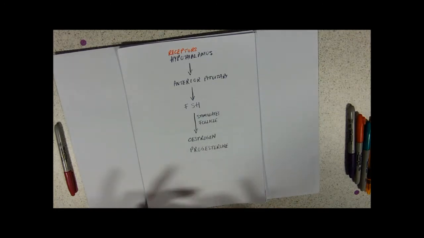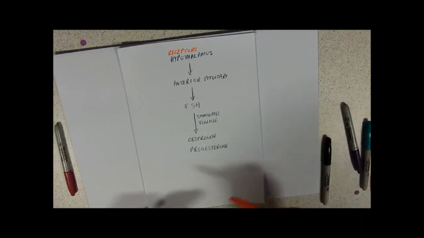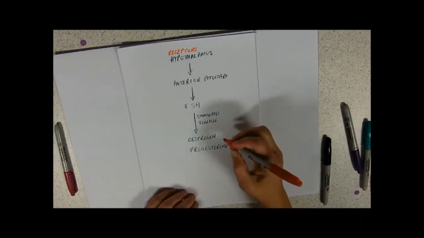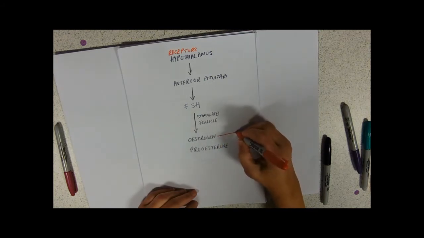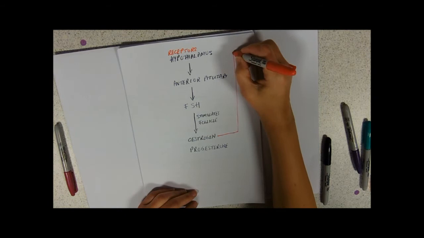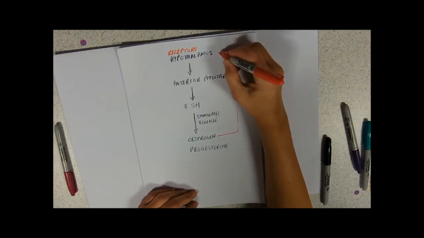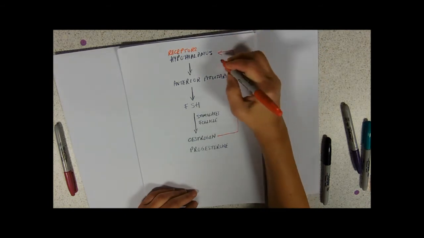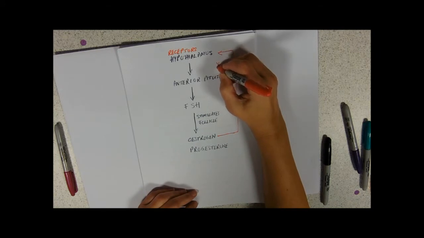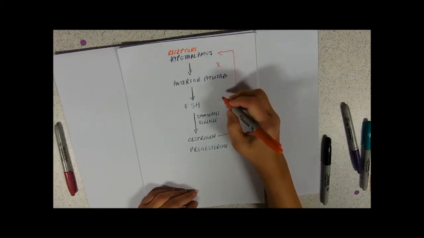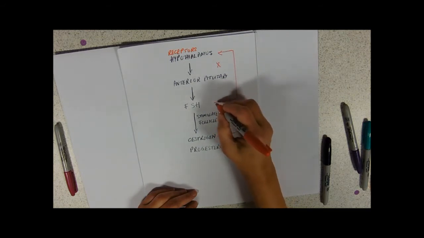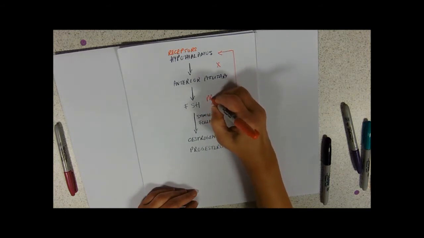So, negative feedback loop. As the estrogen increases, it's going to feed back on the hypothalamus, which is going to say, don't release FSH, and FSH release is going to be prevented.